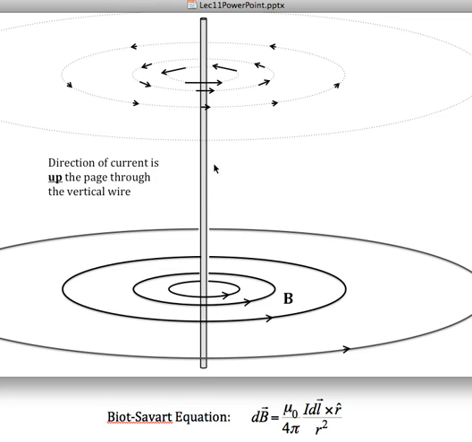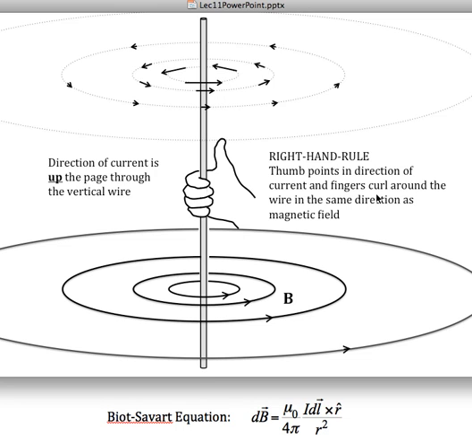Because there's a cross product, you probably know that there's a right-hand rule that tells us the direction of the vector. The particular right-hand rule for the direction that the magnetic field circles around a current is: point your thumb in the direction of the current, and your fingers curl around in the direction that the magnetic field points, if you're using your right hand.